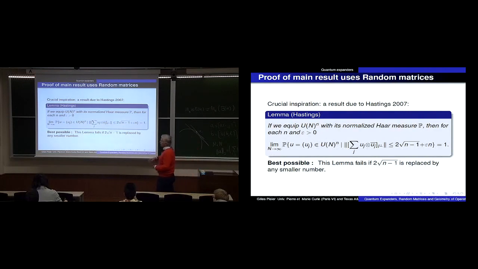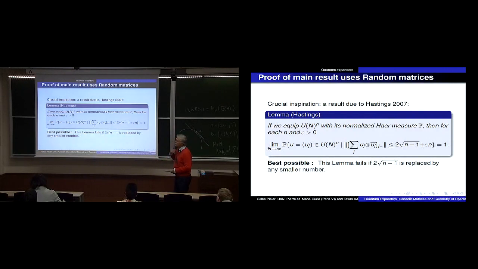And this number, that's what's beautiful about the result, is best possible. That is, you cannot prove this lemma with any number less than this number. But of course, you have to write the lemma as it is here with any epsilon.